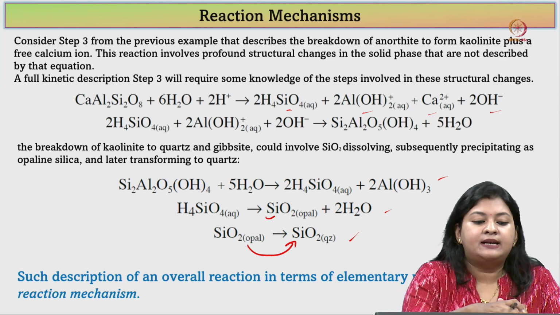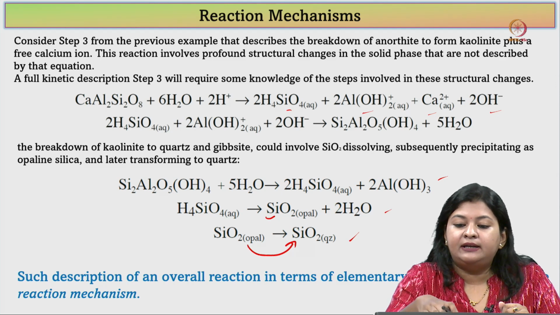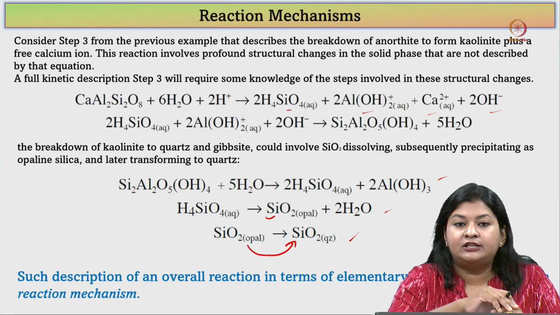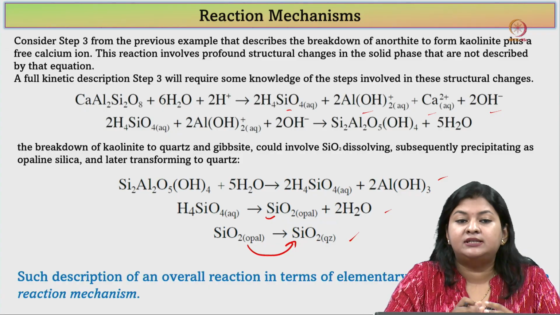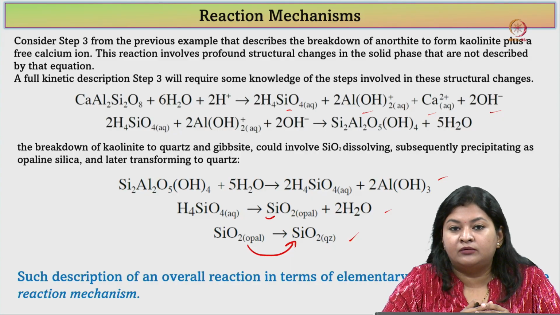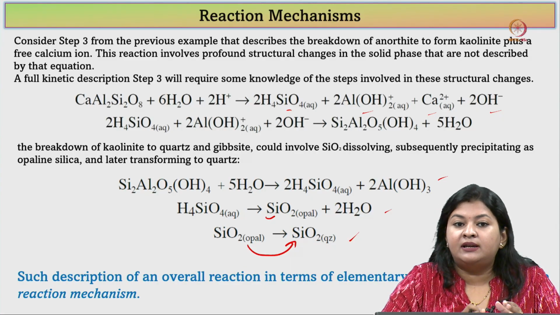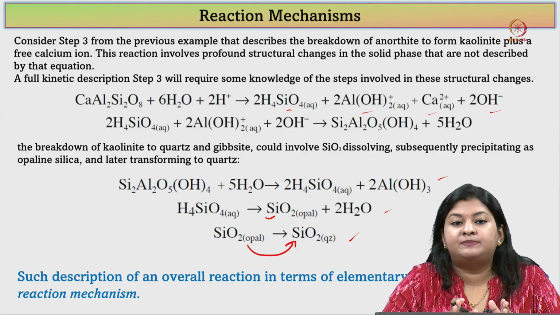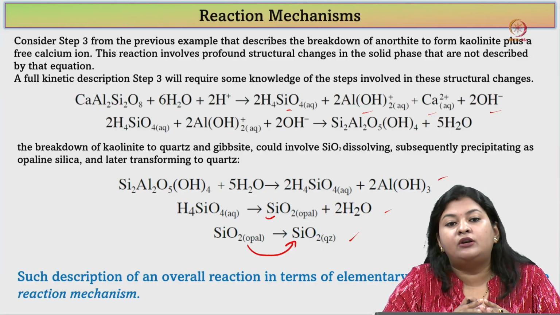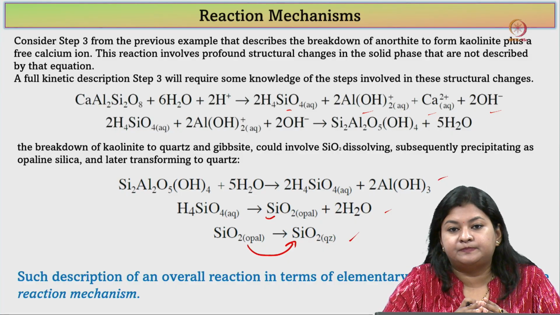For example, in step 3, the breakdown of anorthite to form kaolinite plus a free calcium ion, a lot of structural changes are happening. Similarly, the breakdown of kaolinite to form quartz and gibbsite also involves a lot of structural changes.